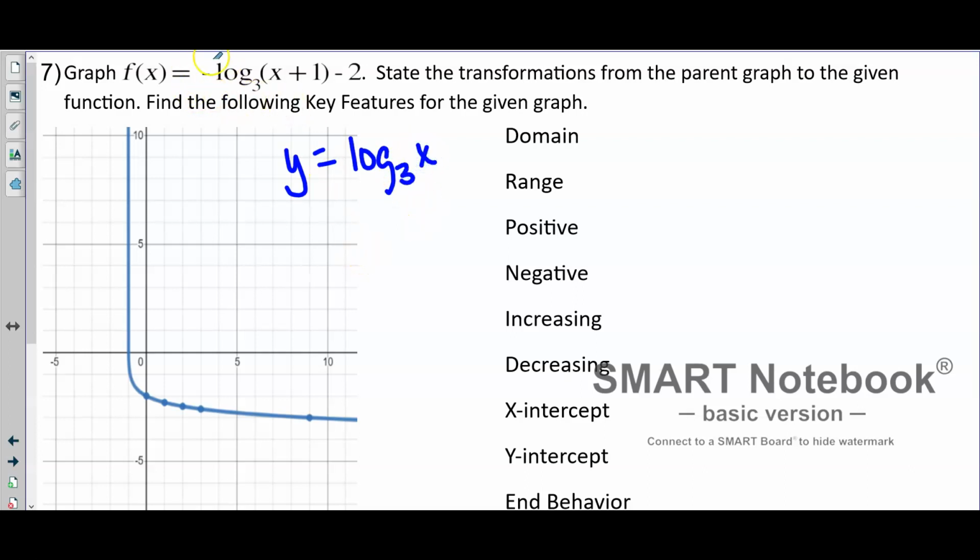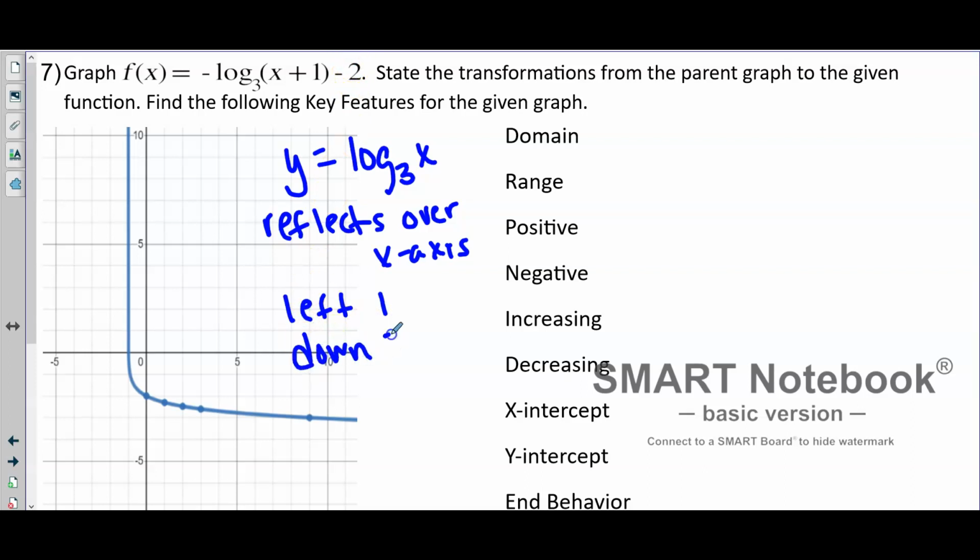And then what's happened is that negative reflects the graph over the x-axis. The plus 1 shifts your graph to the left one. And the minus 2 makes your graph go down 2. So originally, because it's a base of 3, we were at 3, 1. So we took that point of 3, 1 and we reflected over the x-axis. And then the graph went to the left 1 and then down 2.